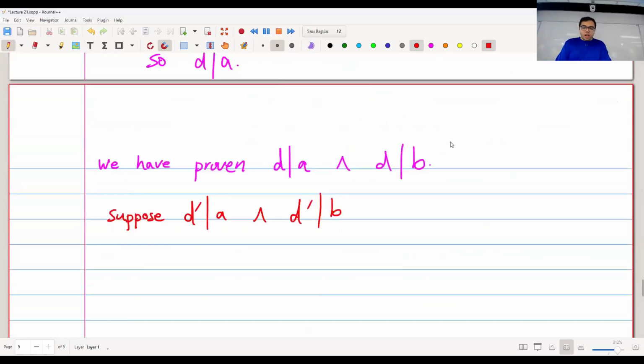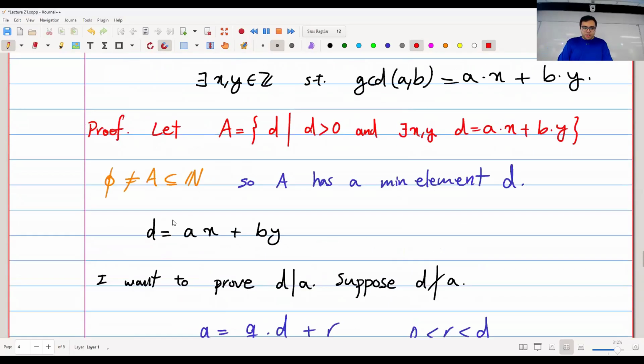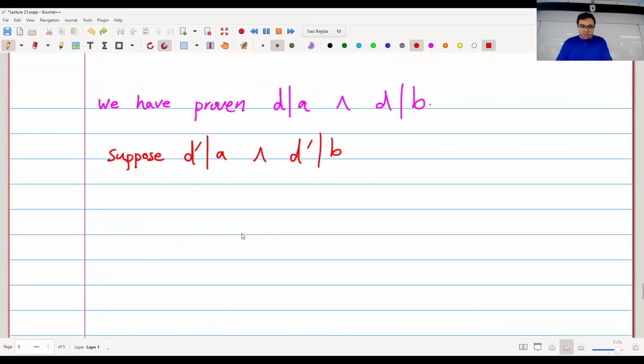But what do I know about my number D? I know that it was the smallest element in this set, and this was the set of all the numbers that could be written as a linear combination of A and B. So D is a linear combination of A and B. D is of this form, AX plus BY, right? D prime divides A, so D prime divides AX.